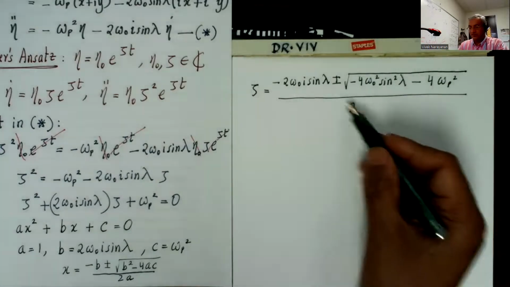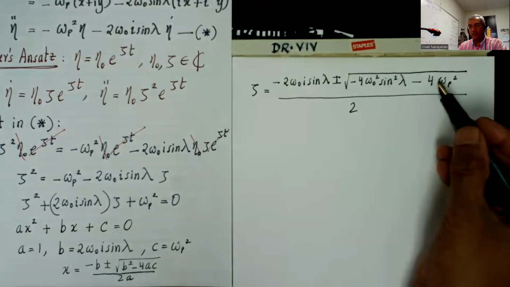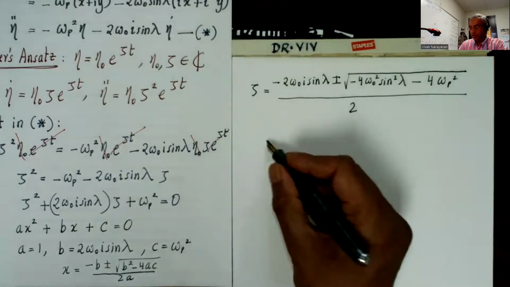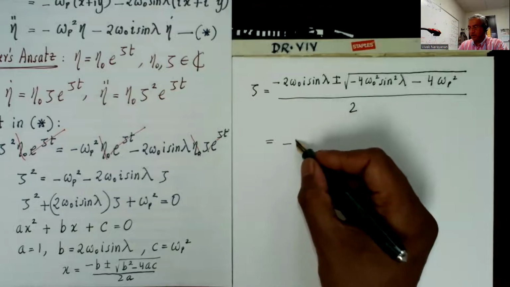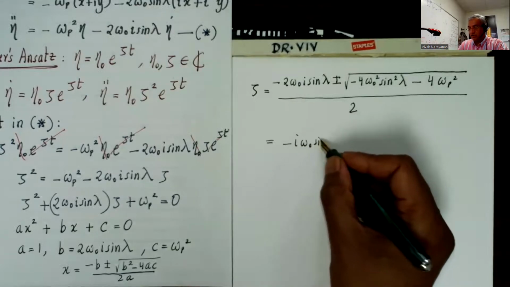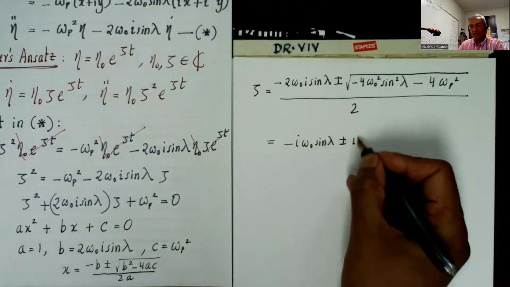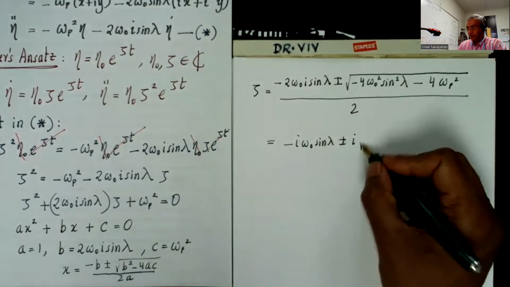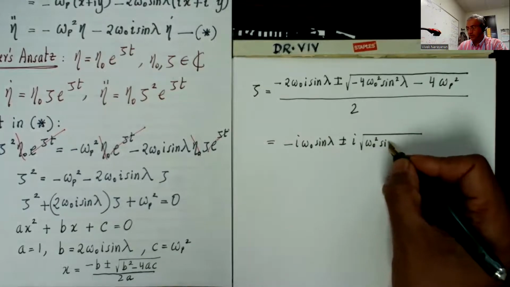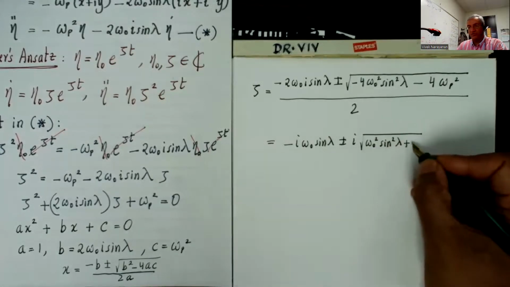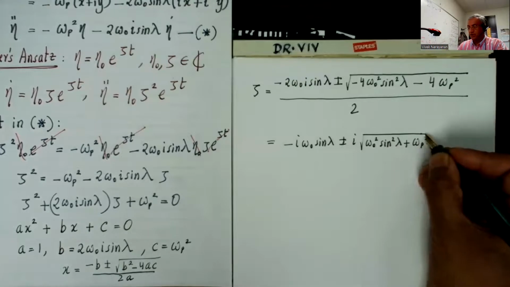So the 2 can cancel out the 2 here, and the square root of 4 is 2, so that I lose all my 2's and 4's. So I get negative i omega naught sine lambda plus or minus i times the square root of omega naught squared sine squared lambda plus omega p squared.